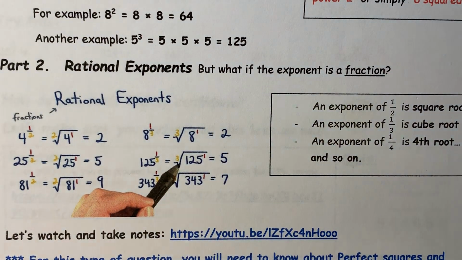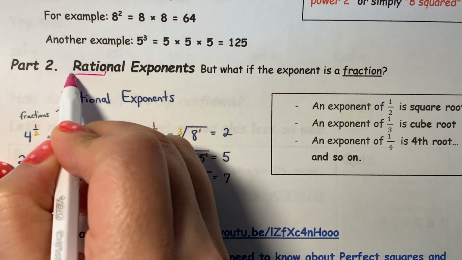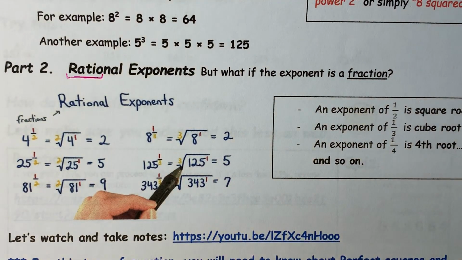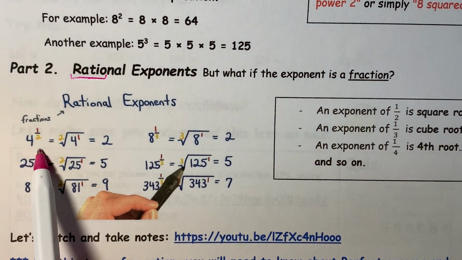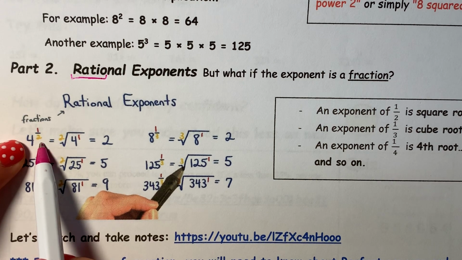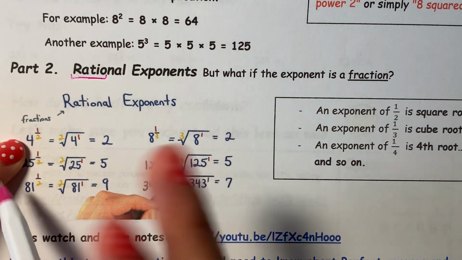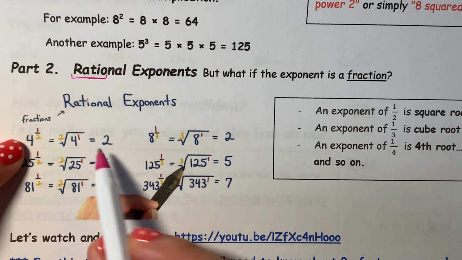Rational, you see the word ratio? Ratio means fraction, okay? So that means the exponent is a fraction. For example, we have 4 to the 1/2. It just means we need to find a number that multiplies twice to give you 4. That's going to be 2, right?